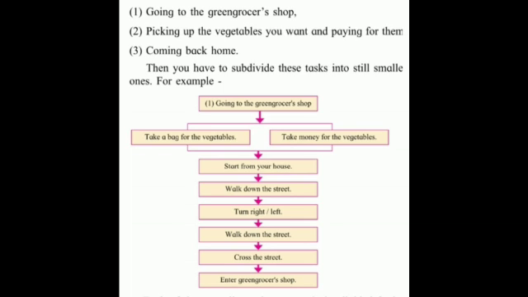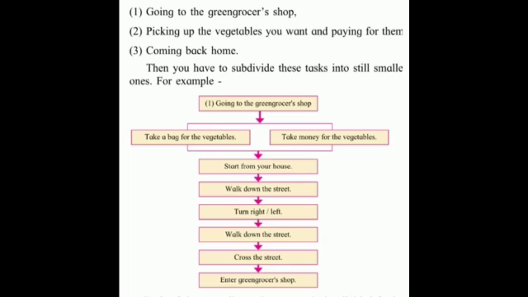You have to divide this task into smaller ones, means you will divide the task into small steps. First, going to the greengrocer's shop. Greengrocer's shop means the shop where you will get green leafy vegetables or green vegetables such as beans, okra, pumpkin, so all types of vegetables.